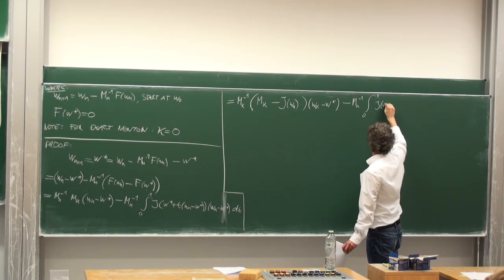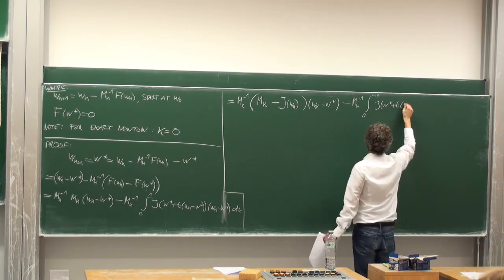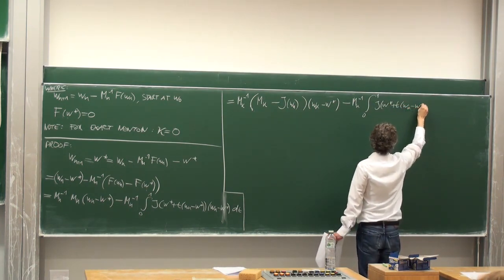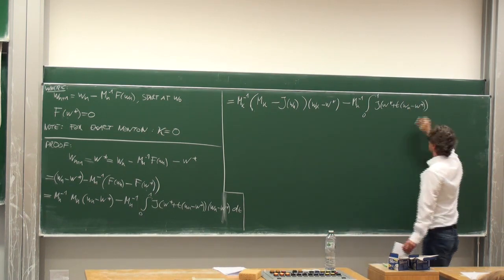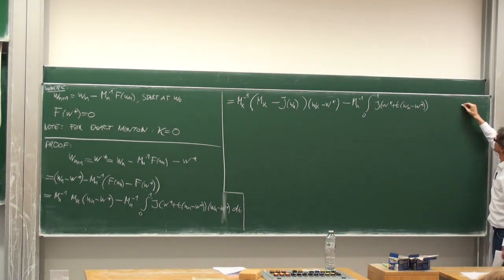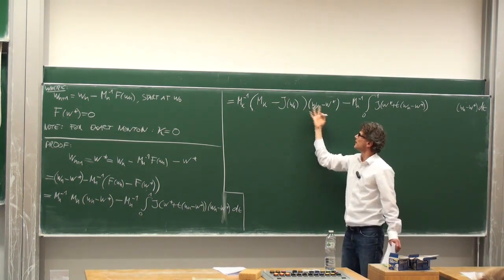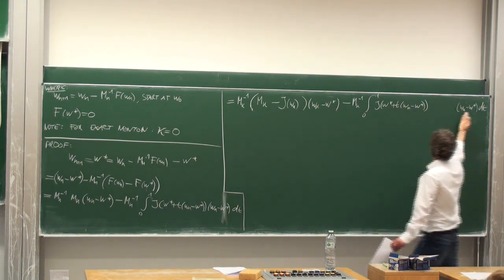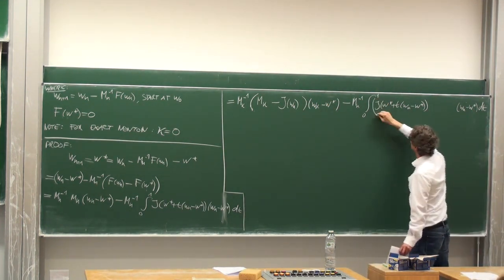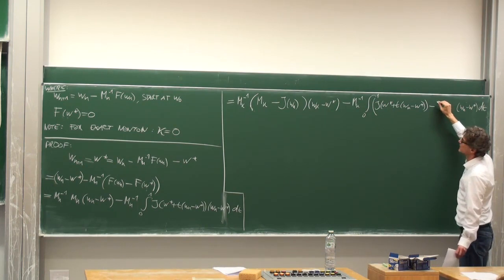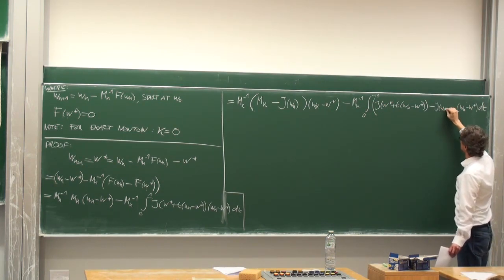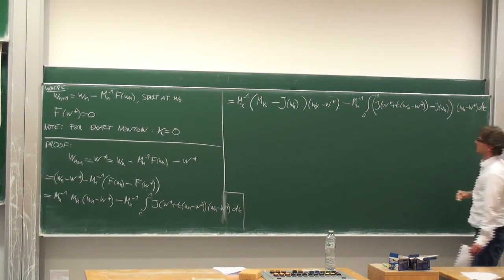And here I had j of w star plus t times wk minus w star, the thing that I originally had, and then this whole thing is multiplied with wk minus w star times dt. That was what we had. But now I want to subtract exactly this thing here, so I make brackets around it and subtract here the j of wk, and close the brackets.